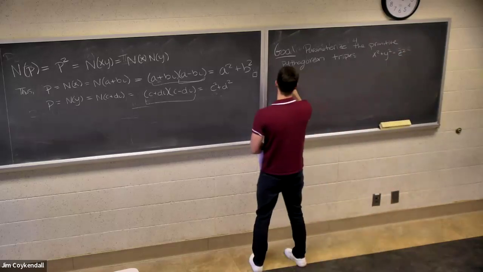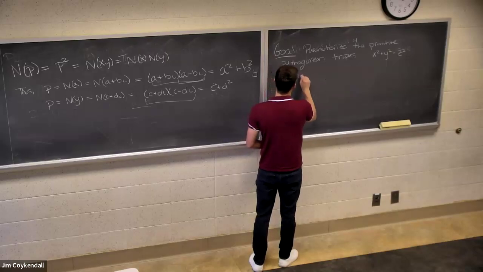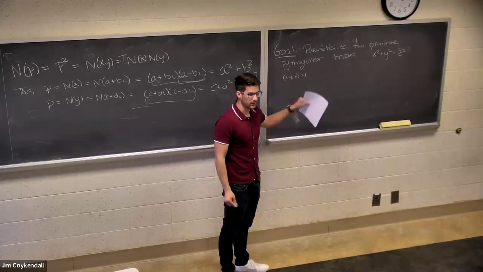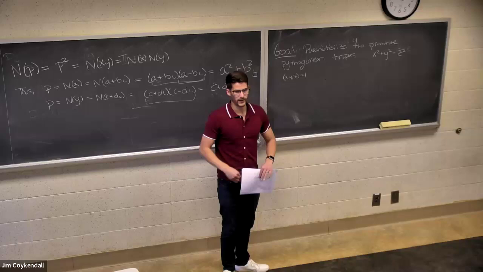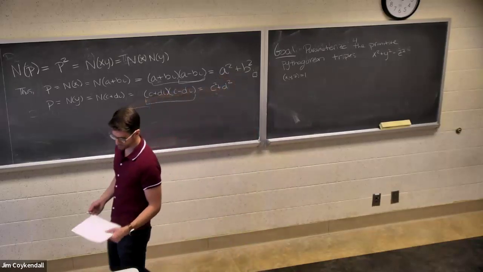Primitive, right? If x, y, and z have a common factor, just factor it out, we get a primitive one. So if we parameterize the primitive ones, we get them all, just take all the multiples.